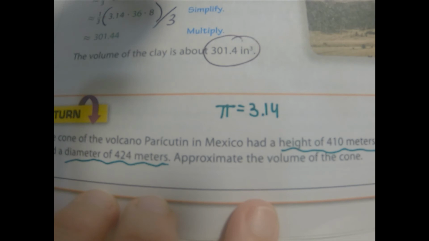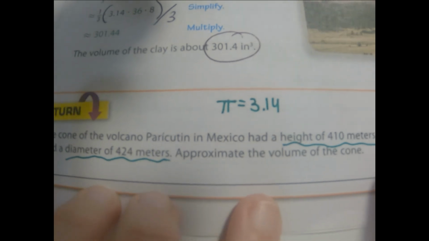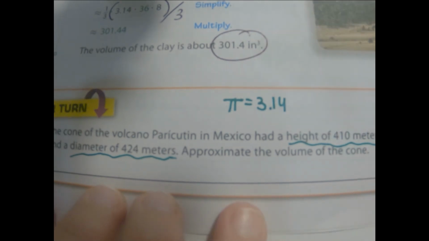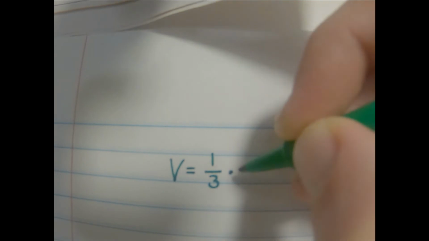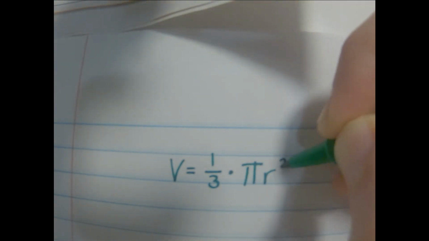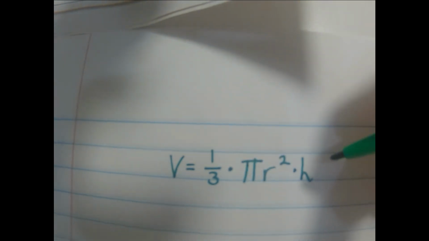And we typically assume that we want to round to our nearest tenth. So let's go ahead and start working. I'm going to pull out my binder paper because I need some space here. I'm going to rewrite the volume equation. Volume equals 1/3 times pi r squared times the height.